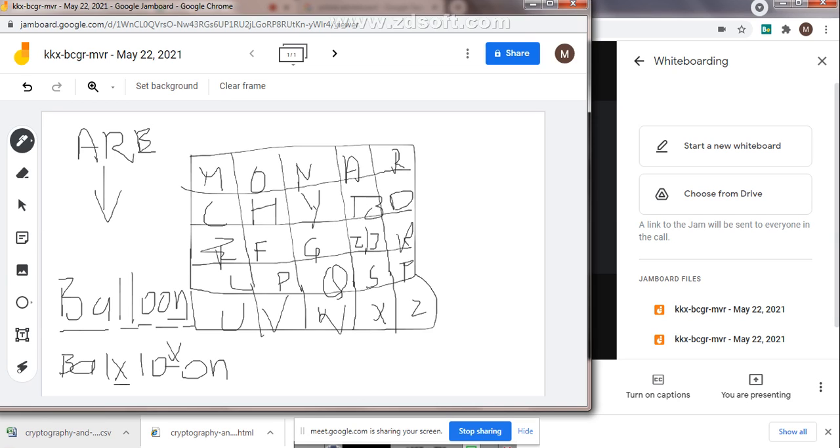For example, if two plain text letters fall in the same row of the matrix, right? In the pair, whatever the two letters you are considering of the plain text, if they fall in the same row of the matrix, then each letter is replaced by the letter which is present to the right of that letter.